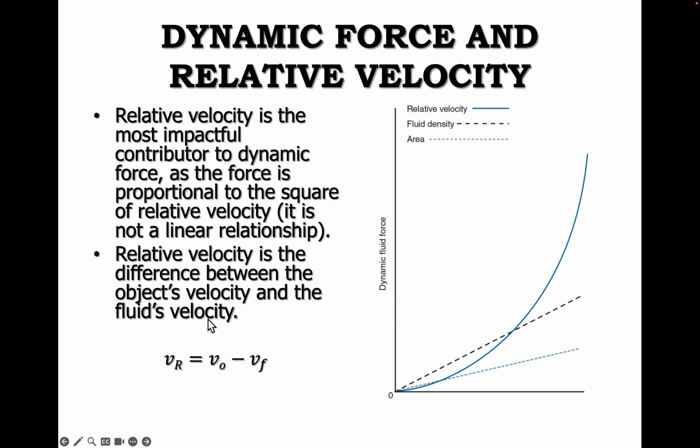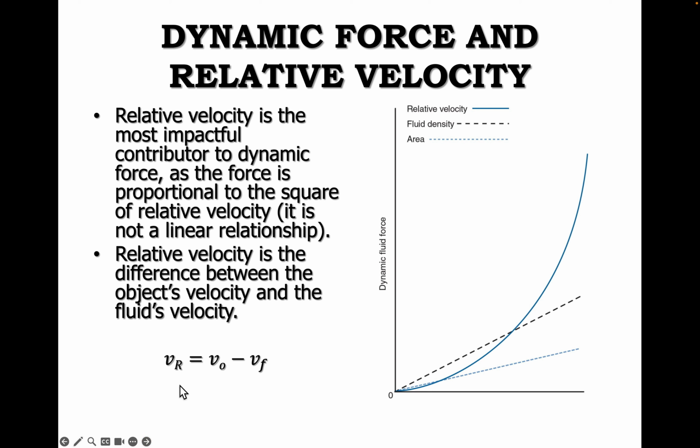Let me just give you a quick example of this. Let's say you throw a football into a headwind, meaning there's air coming at you. Relative velocity takes the velocity of the football going through the air and the velocity of the wind coming at you. Knowing those two values, we can calculate what your relative velocity is going to be.